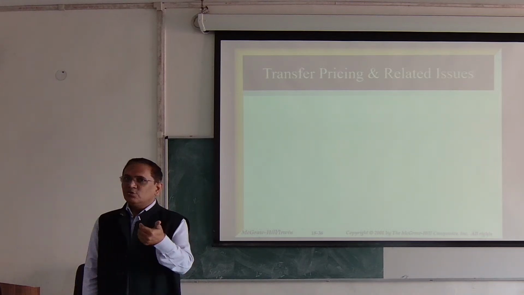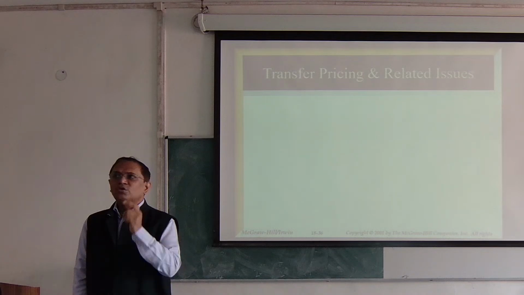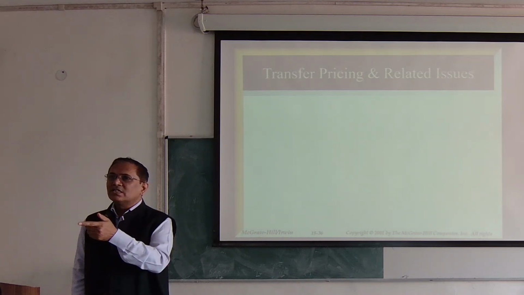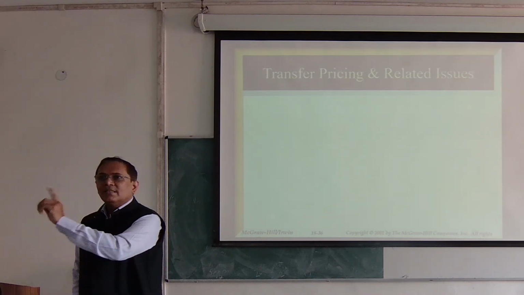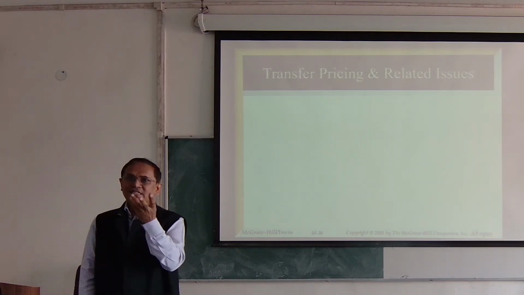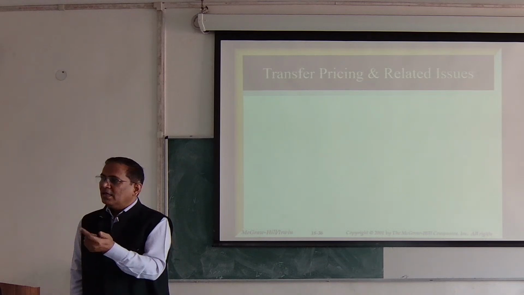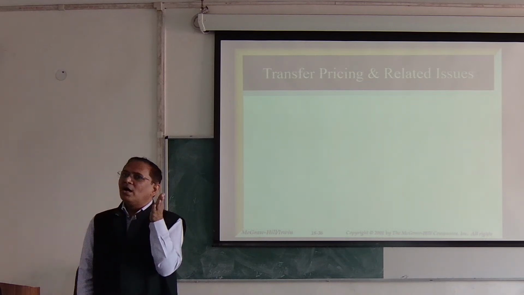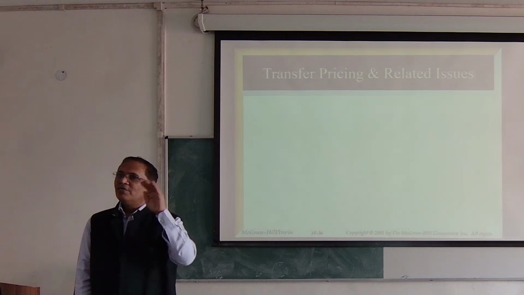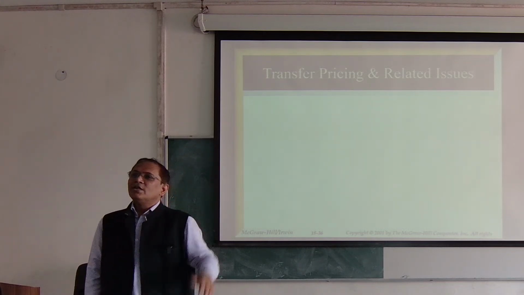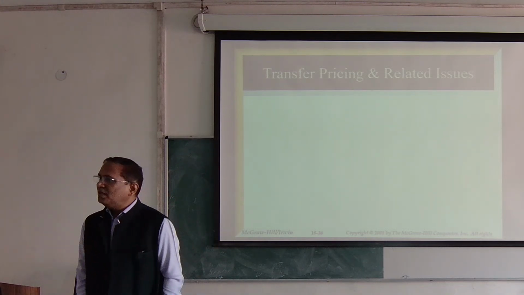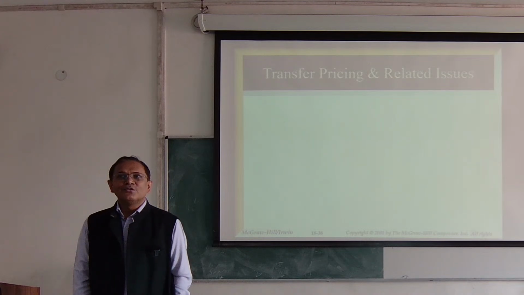Either of two reasons could be there. First, you are transferring goods or services which are not available in the market, maybe semi-finished things. Or second, even if it is available, you are selling to a receiving end which is also your own company. So how will pricing negotiation take place?